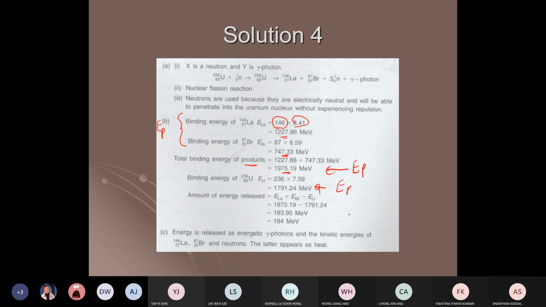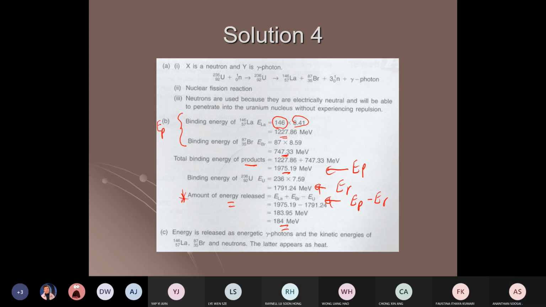Remember a new idea: the amount of energy release is the total binding energy of the product minus the reactant. So 184 MeV of energy should be released in this process.